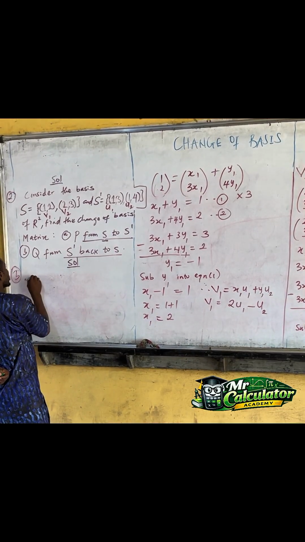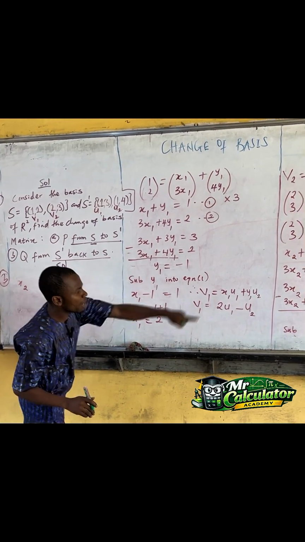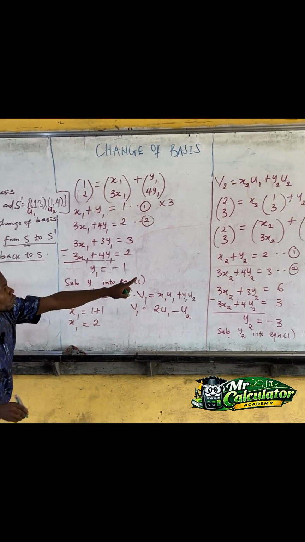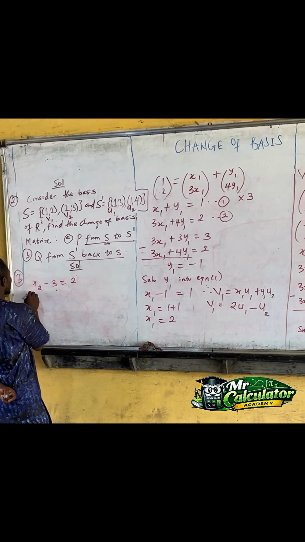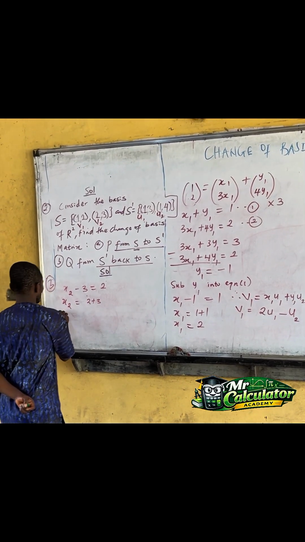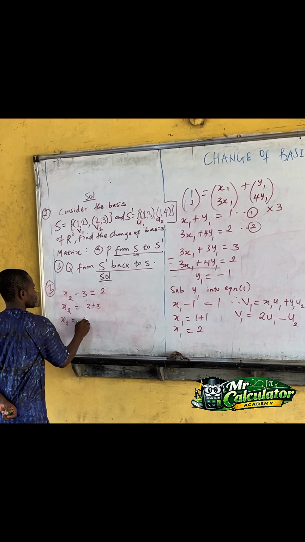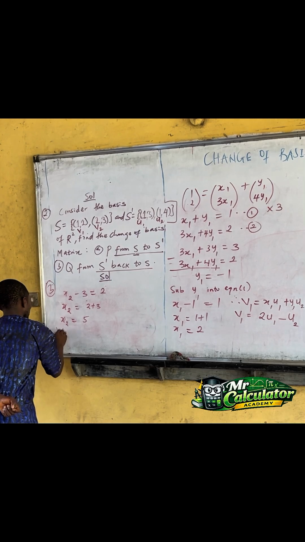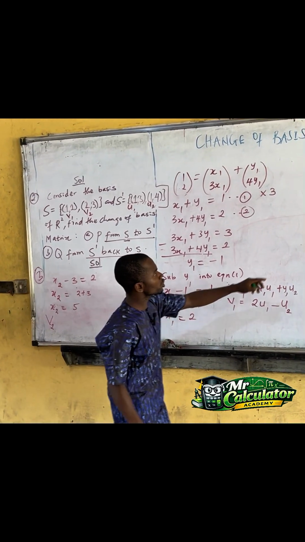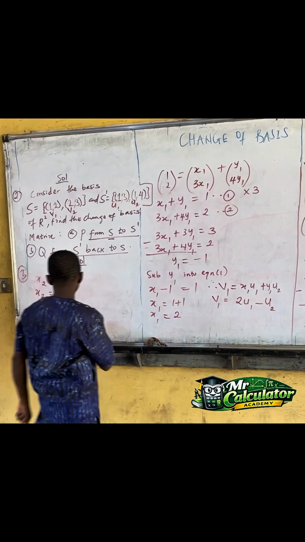So that is X2 plus Y2, my Y2 is minus 3, minus 3 equal to 2. Collect like terms. X2 will now be 2 plus 3. So X2 will now be equal to 5.